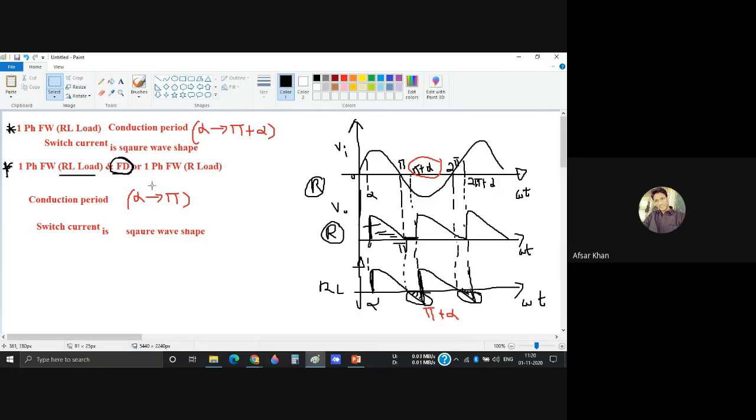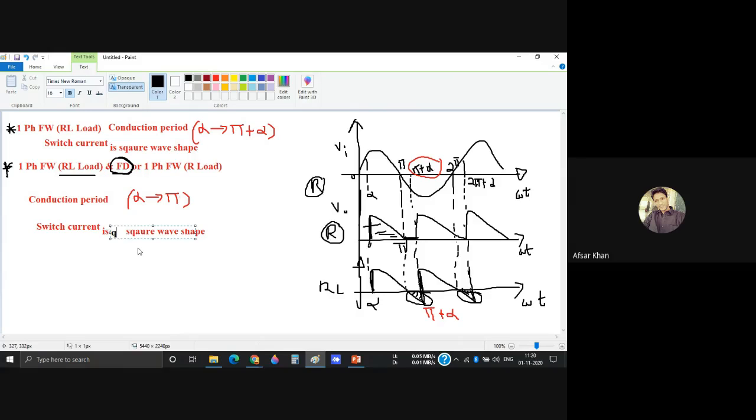Why quasi-square wave? Due to the freewheeling diode, students. Is it okay?